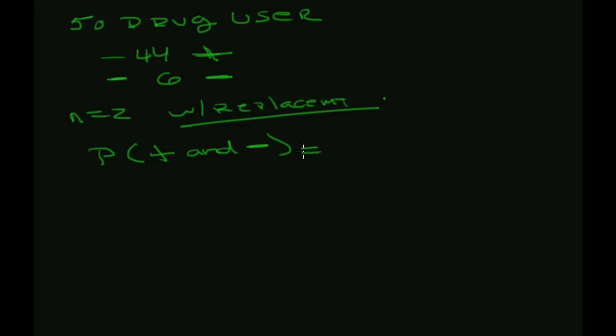Okay, so this is the probability of getting a positive person times the probability of getting a negative person. Because with replacement, I don't have to have the conditional probability here, as these are seen as independent events.